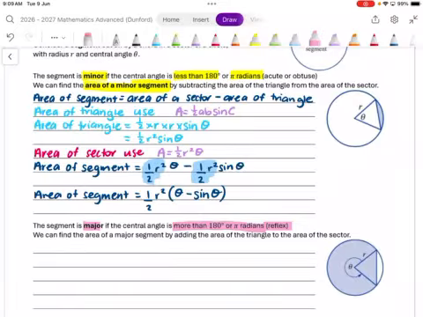So what we do is we write that our area of a segment is equal to our area of our sector plus our area of our triangle.